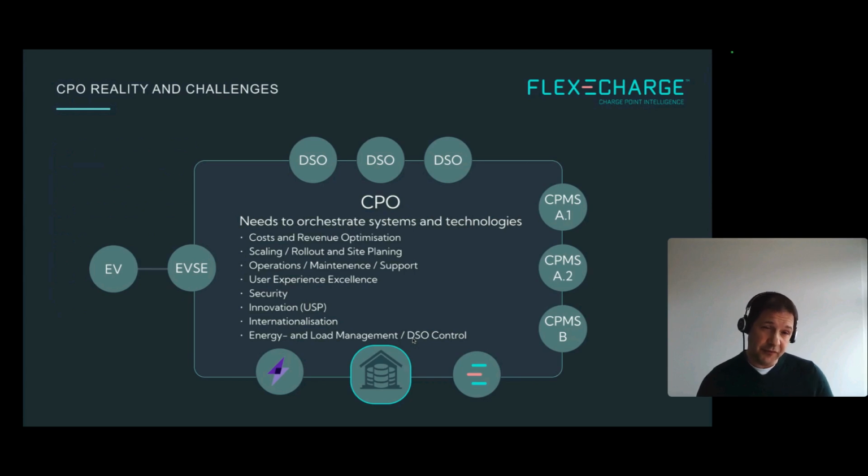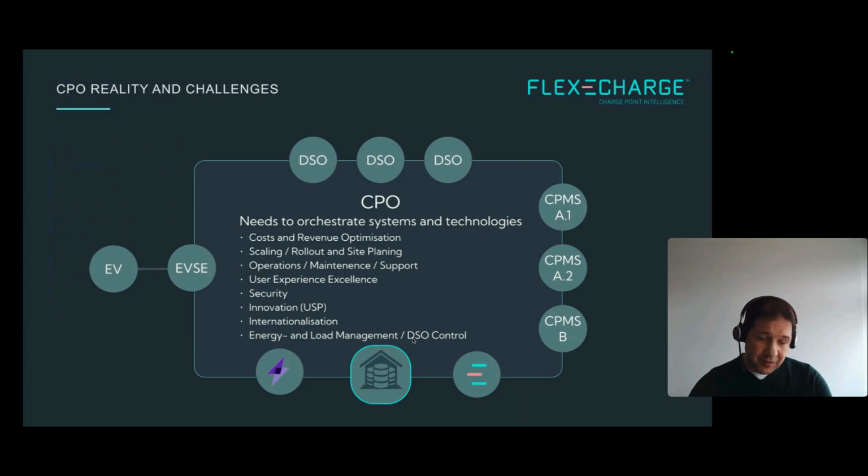And the focus for CPOs, charge point operators, of course, is cost, revenue, optimization, scaling, rollout, site planning, operations, maintenance, support, user experience excellence, security, innovation, internationalization, energy and load management, DSO control.